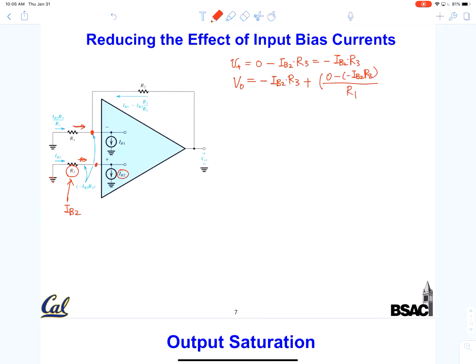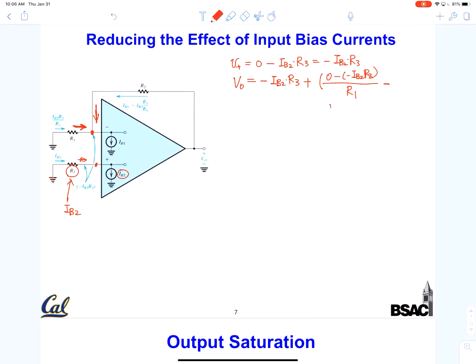So that's this current flowing towards the terminal. And we have this current flowing down as well, okay? So we need to plus this current and minus.